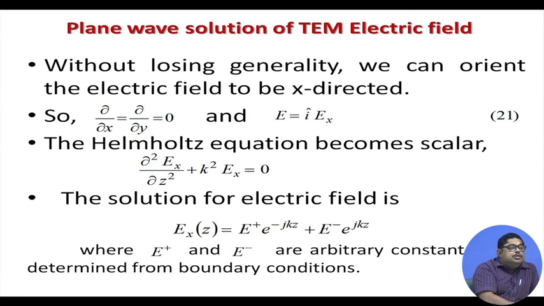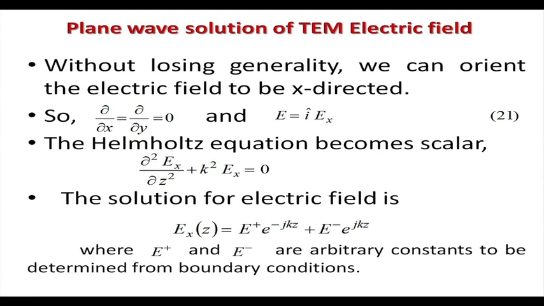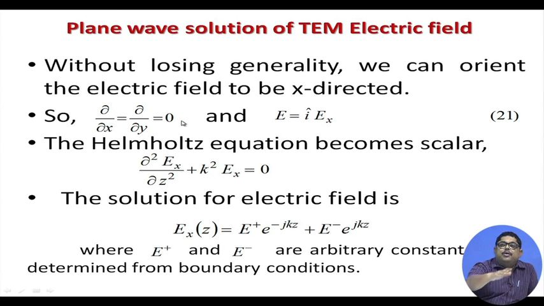So, for a uniform plane wave, let us say the electric field is x directed. So, we are writing E is equal to an x directed field, and uniform, that is why del by del x and del by del y are equal to 0. As I said, uniform plane waves mean it does not have any x or y variation, it is x directed, but variation in x and y is not there.